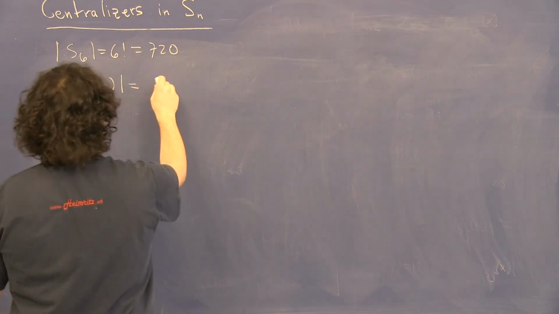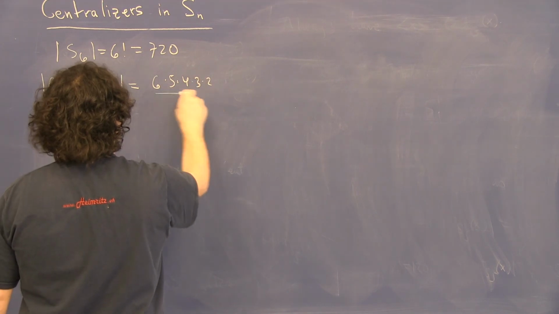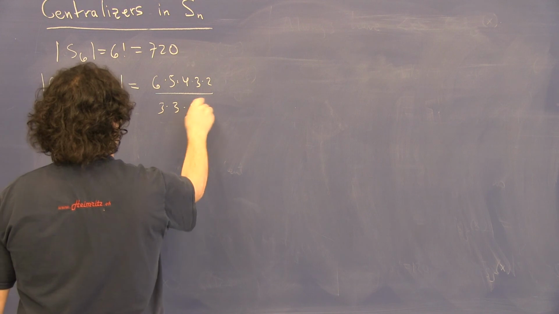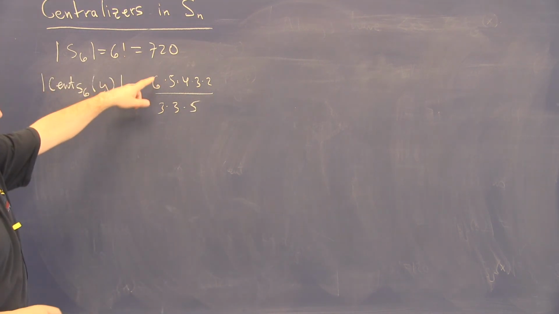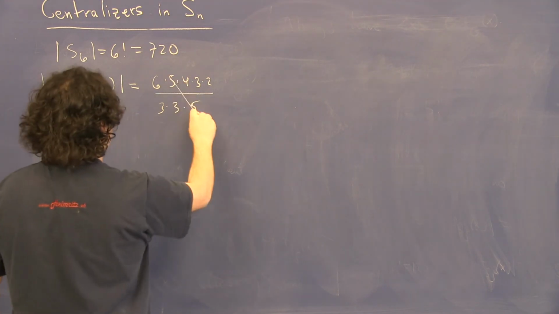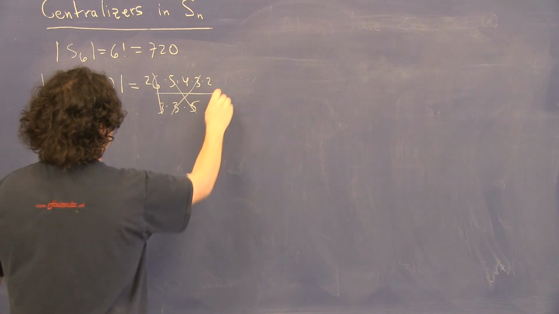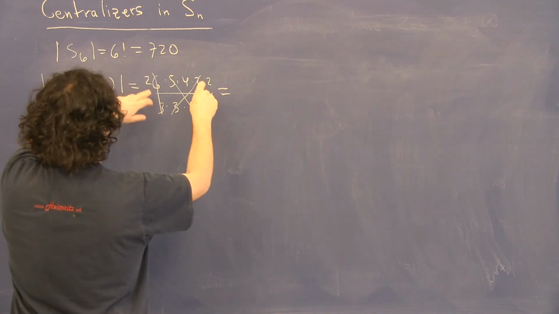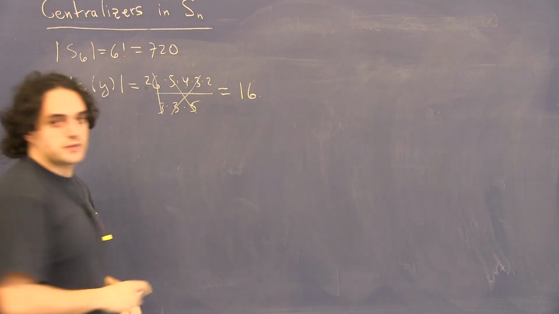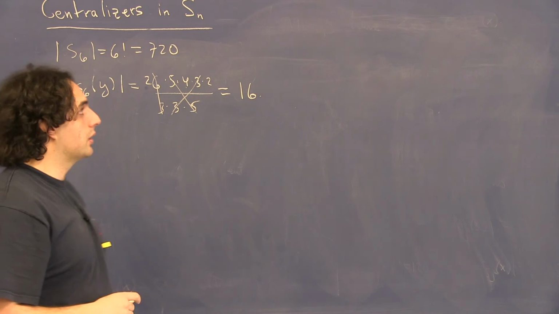So this is equal to 6 factorial divided by 45. And notice I prefer not to write out the actual numbers, but just their factorization, because now the division is going to be much easier. So what I have left after crossing things out is 2 times 4 times 2, which is 16. So the centralizer has 16 elements.